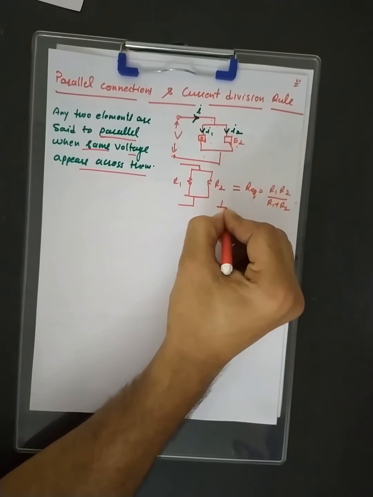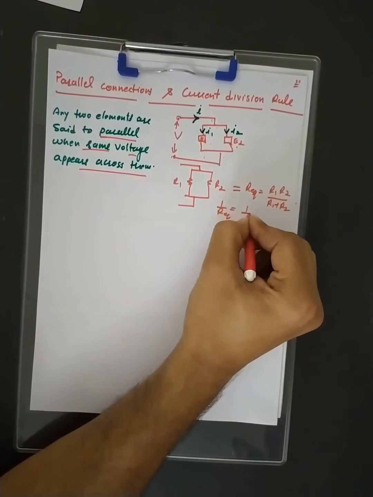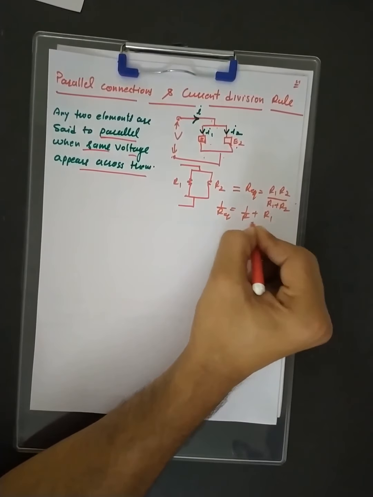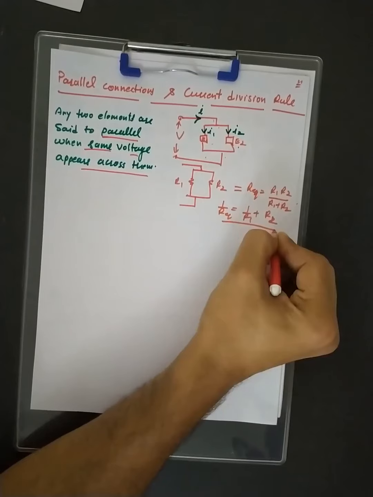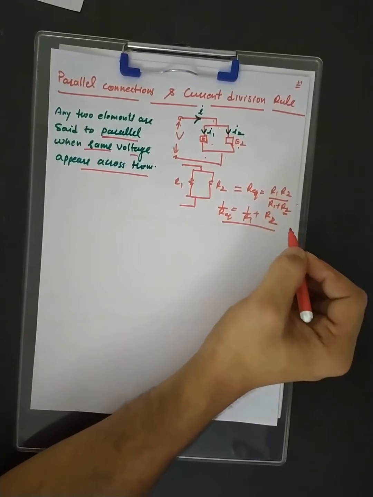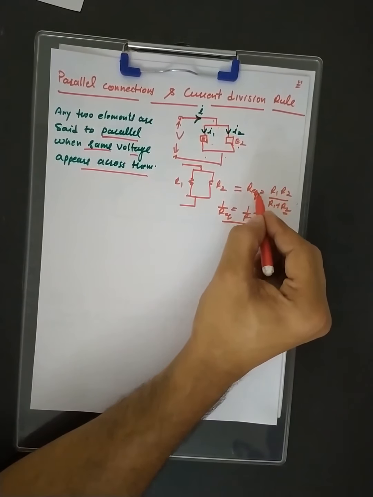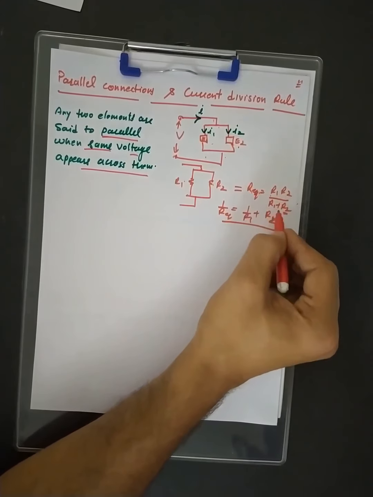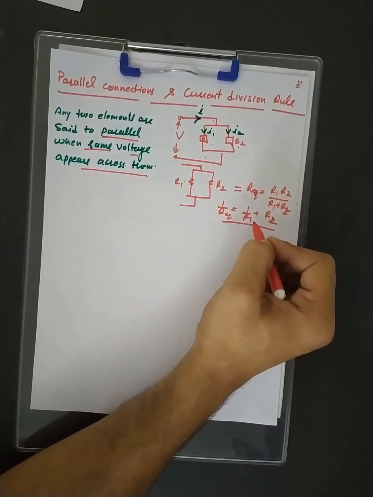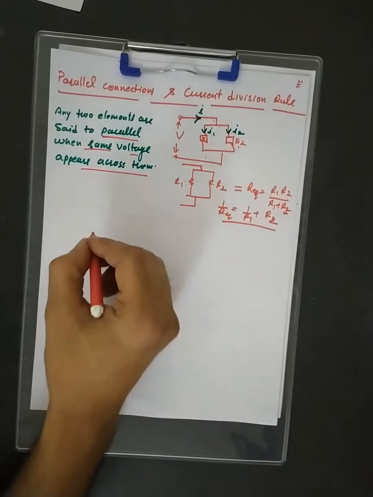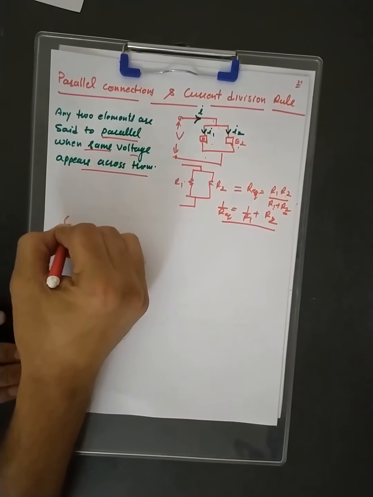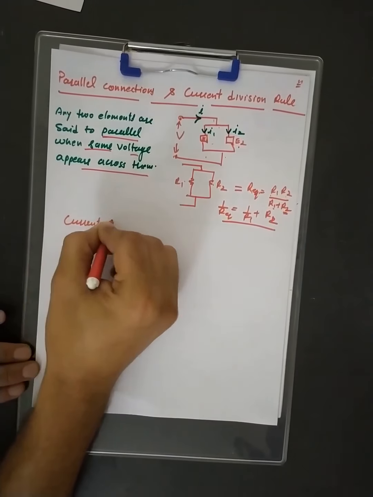It comes from 1/R equivalent equals 1/R1 plus 1/R2, and after solving this, you will get this directly. So you can directly write R equivalent: multiply both the resistances, divide by the sum of these resistances. So let me tell you about the current division rule.